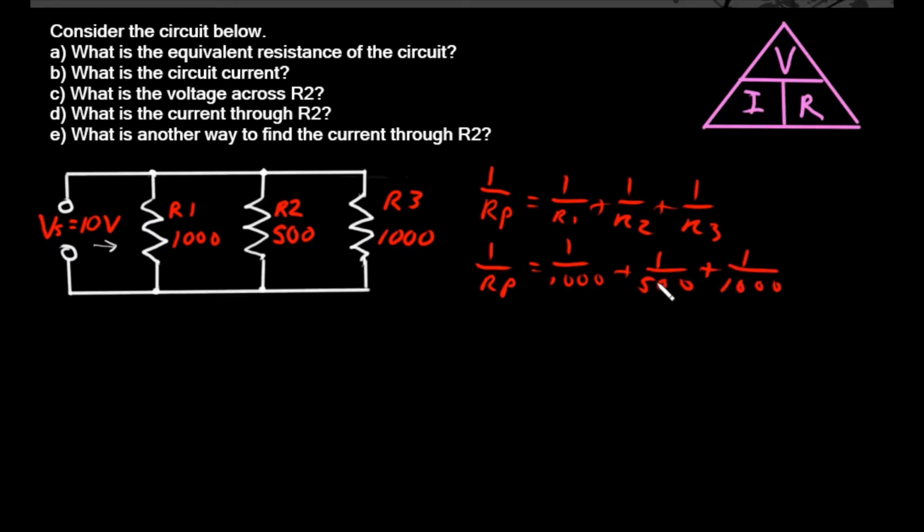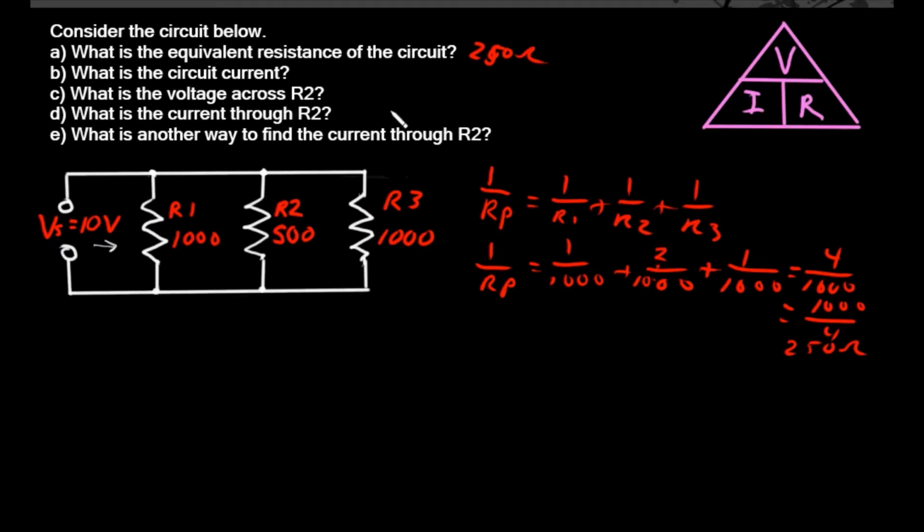Now 1 over 500 is actually equal to 2 over 1,000, so we can change that to 2 over 1,000 there, just to make it easier. So that gives us 4 over 1,000. The reciprocal of that, Rp, is 1,000 divided by 4, or 250 ohms. So the resistance of the circuit is 250 ohms.